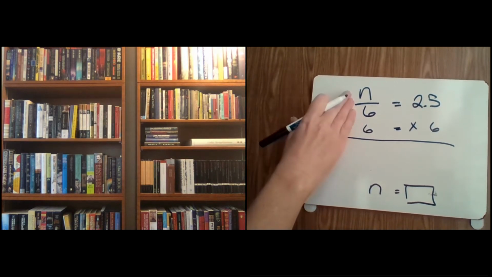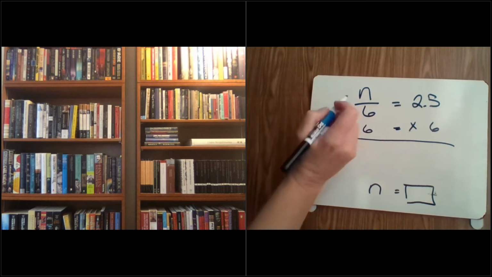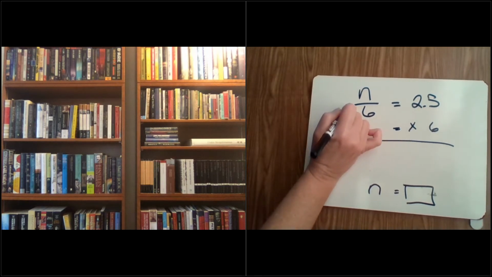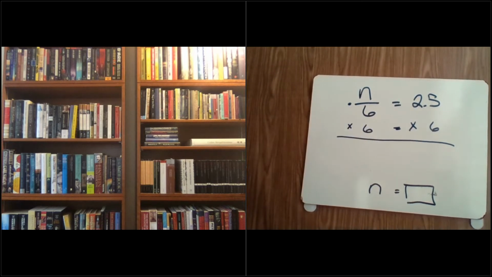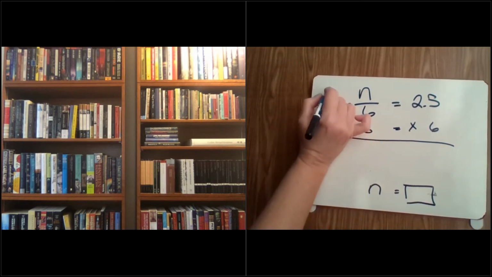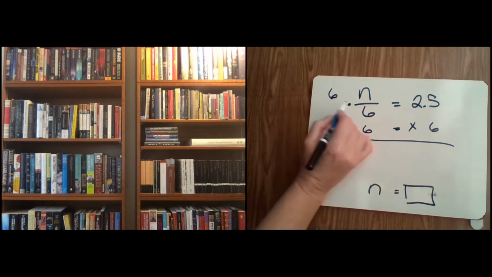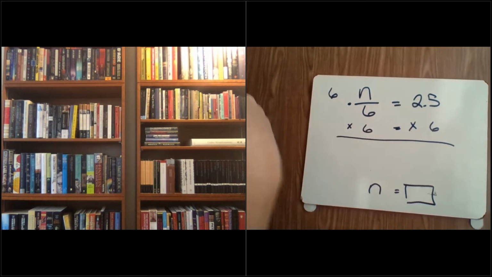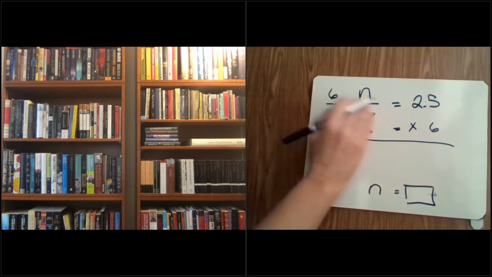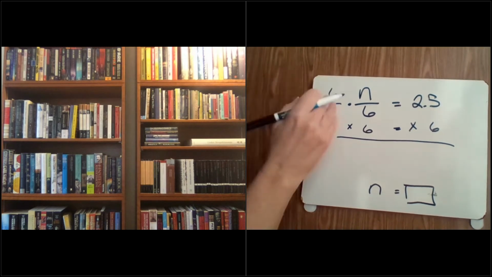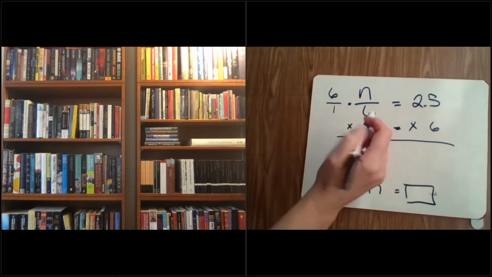And so this fraction of n divided by 6, if I want to multiply by 6, it's going to be easier if I write them side by side. So I'm just going to kind of cheat and put 6 times n divided by 6. And of course, when I'm multiplying fractions, I always want to have a fraction multiplied by another fraction. So I just put my 6 over 1.